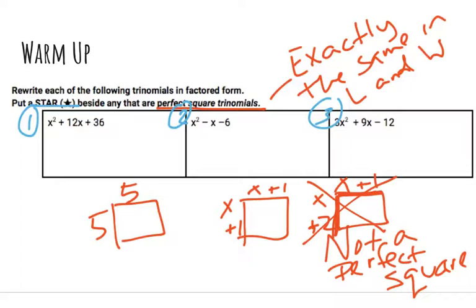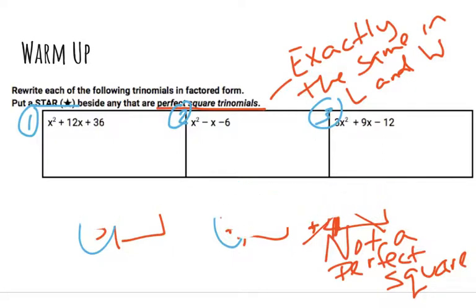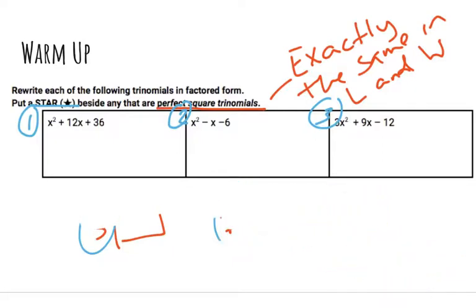So if I were to put them inside of a square or inside of an area model, it would give me identical lengths, right? Just like 5 and x plus 1 and x plus 1. All right. So think about it. Maybe pause me and see if you can figure out which one or ones are perfect square trinomials. While you do that, I'm going to erase this just so we have more room to work.